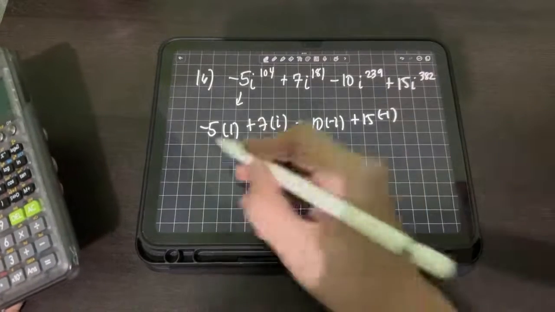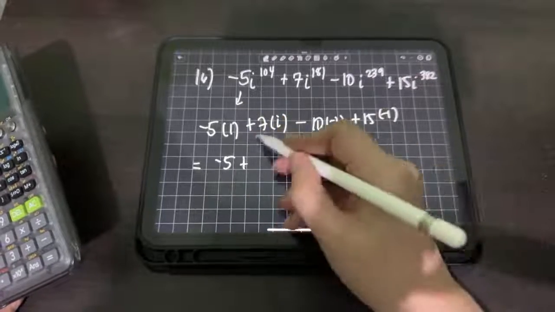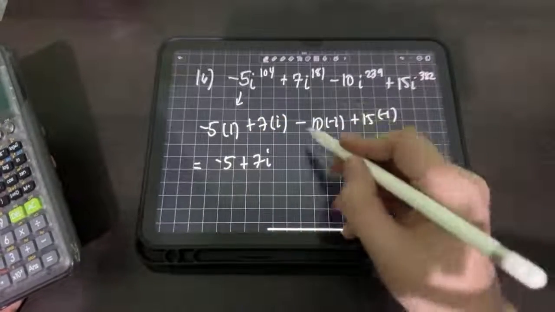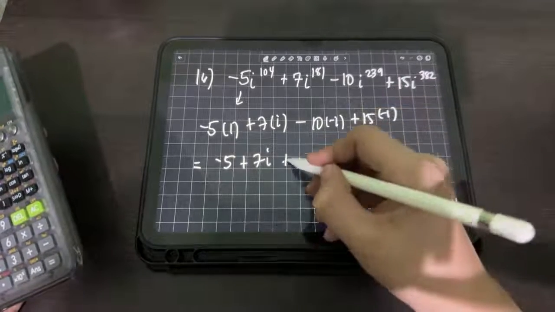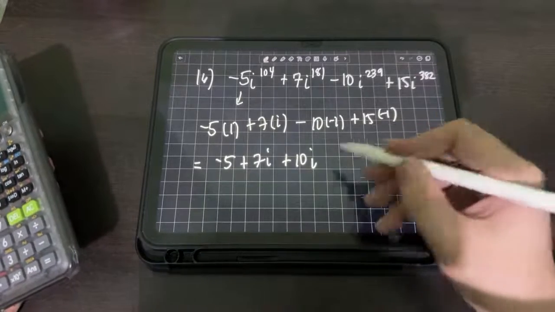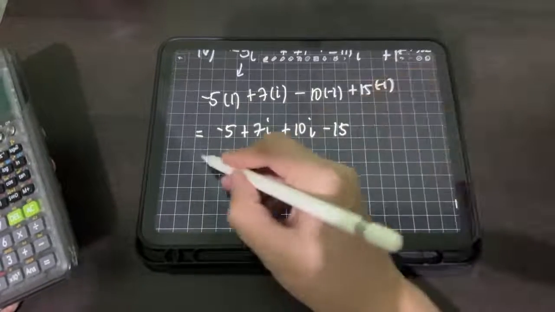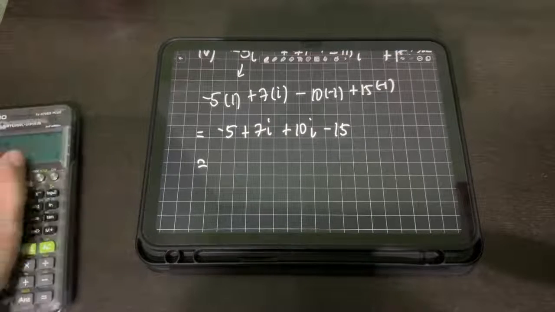Okay, now we can simplify. So negative 5 times 1, negative 5. Plus 7 times i, 7i. Negative 10 times negative, this is negative i, right? Positive 10i. And then 15 times negative 1, negative 15. So we can now combine similar terms.